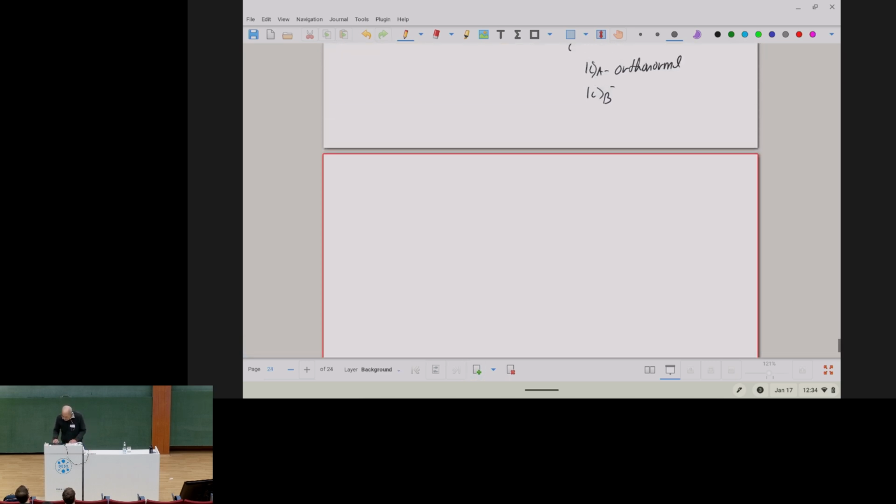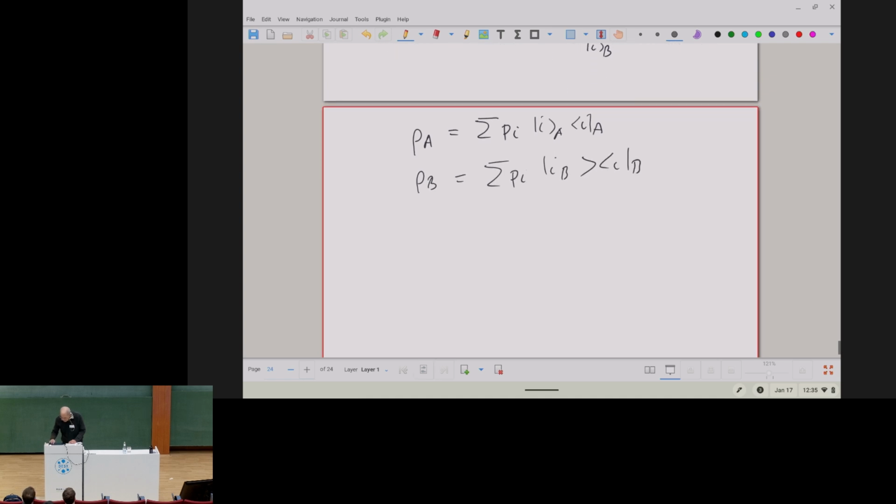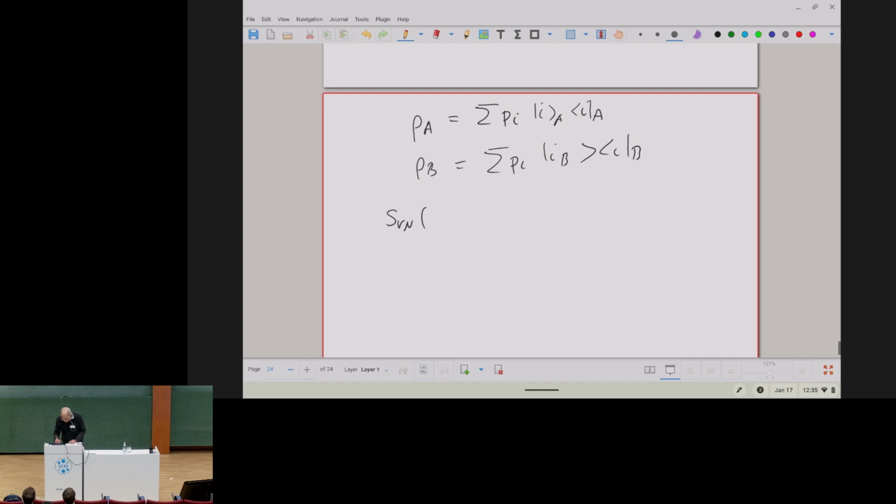And then the density matrices rho A and rho B have the same eigenvalues. So they have the same von Neumann entropy. But more generally, they have the same measure for anything that only depends on the eigenvalues. So there's something called Rényi entropies, which are also important, and in fact we'll even use them in the lecture after lunch, I hope.